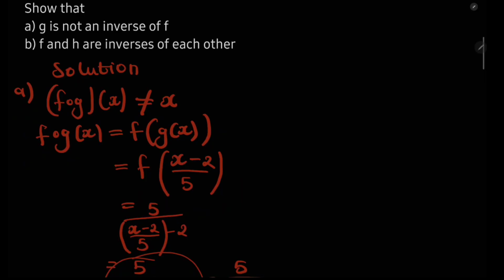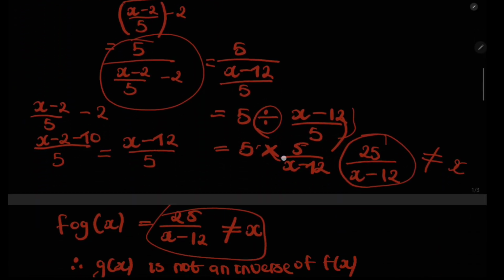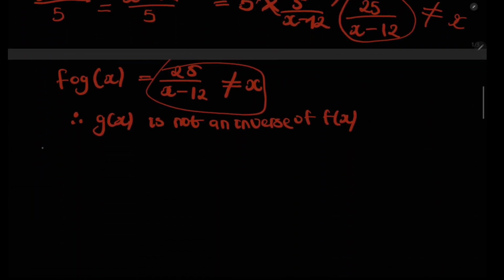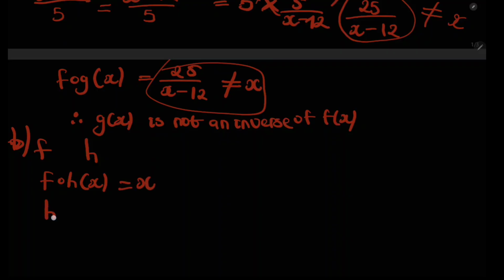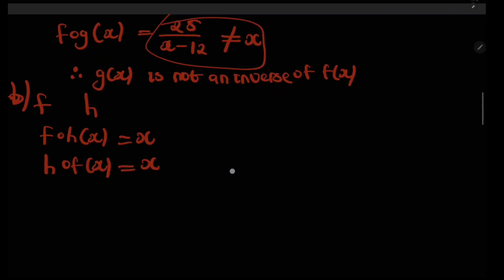We need to show that f and h are inverses of each other. For f and h to be inverses of each other, their composites f of h of x should be equal to x, and h of f of x should also be equal to x.